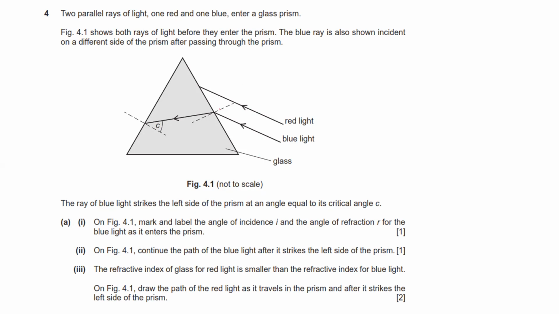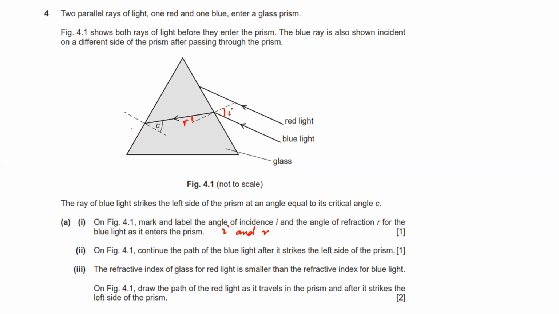Okay, so let me label it with the red ink. Angle of incidence, the angle between the normal and the ray. Angle of reflection, this. So I and R are labeled with red. Then again on part 2, it says continue the path of the blue light after it strikes the left side of the prism.